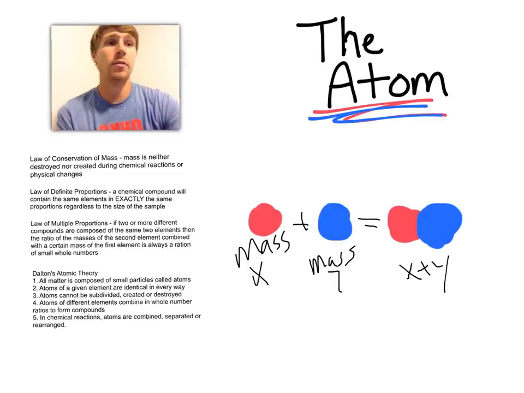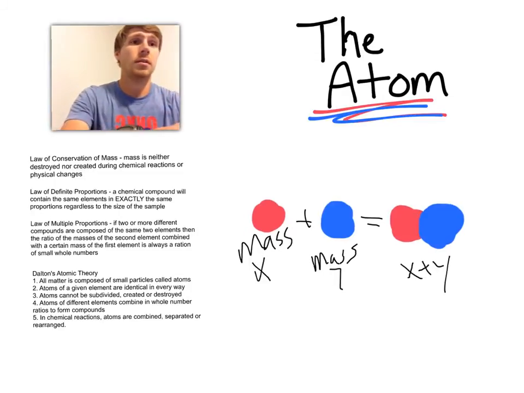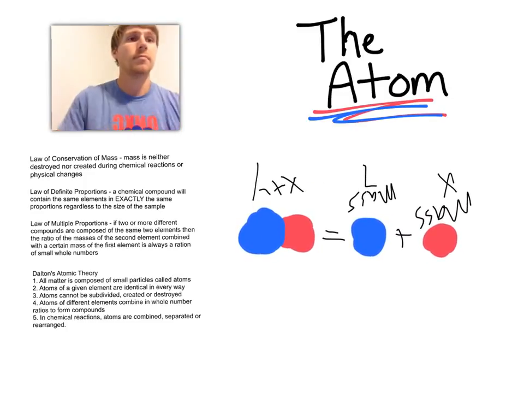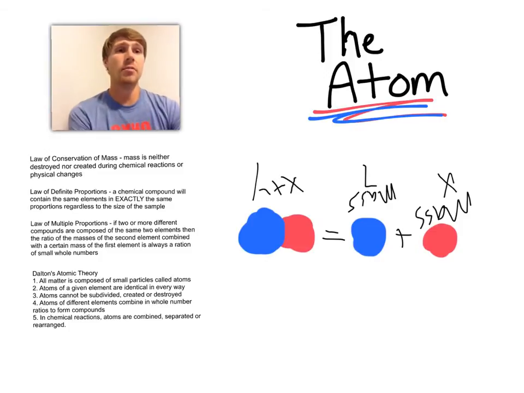If we switch it around, we start with two things, and we break them apart. So this is the whole idea of the law of conservation of mass. It can't be destroyed, it can't be created. It just changes. It might start as one group, and then it's going to separate into two different ones.